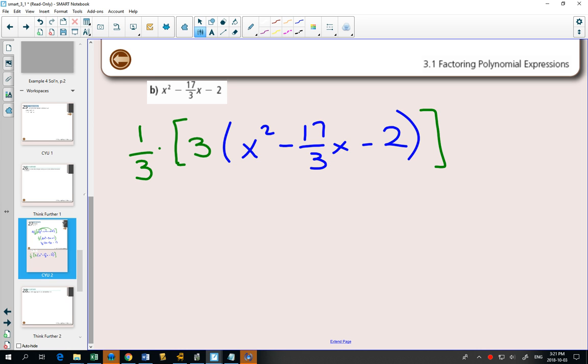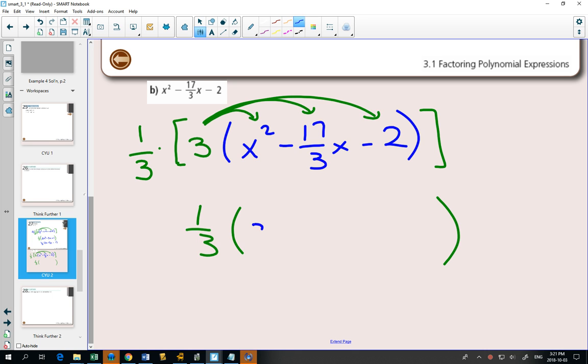Because multiplying by 3 and 1/3 at the same time is like multiplying by 1. But now if I distribute this 3, I will successfully get rid of the fraction. It'll become 3x squared minus 17x minus 6.